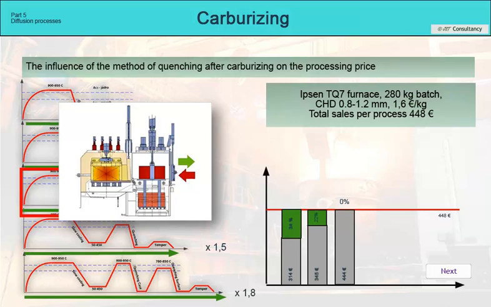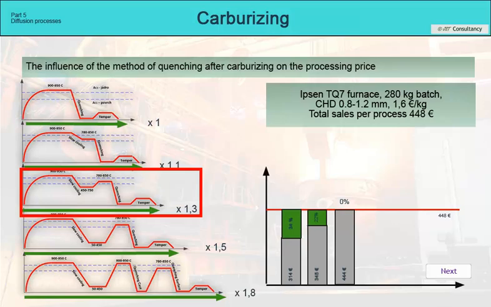Let it cool below AC1, at least below 723 degrees Celsius, but usually to an even lower temperature, and then return it back to the heating chamber to heat to the quenching temperature. In this case, we can expect the process to be 30% longer than in option 1, and the profit from the process will be close to zero.